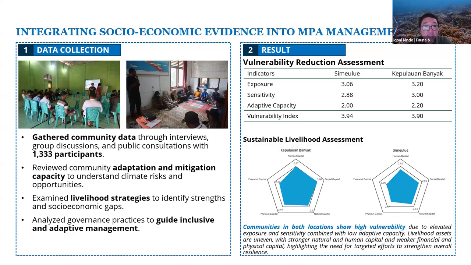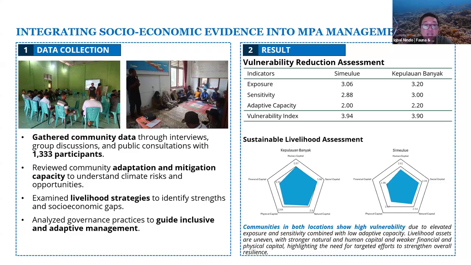This means that people in both places are facing significant climate risk, but their capacity to cope or recover is still quite limited. We also assessed their livelihood assets and found an uneven pattern. Natural and human capital are relatively strong, but financial and physical capital are much weaker.